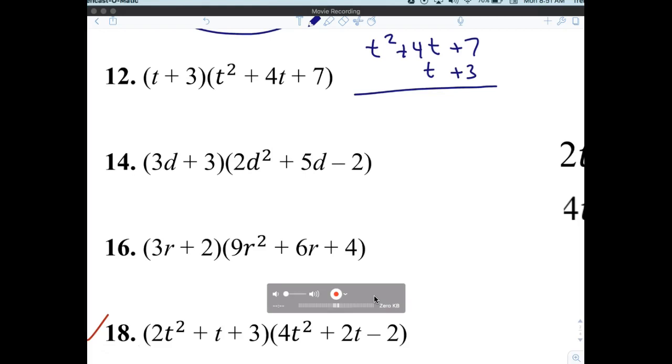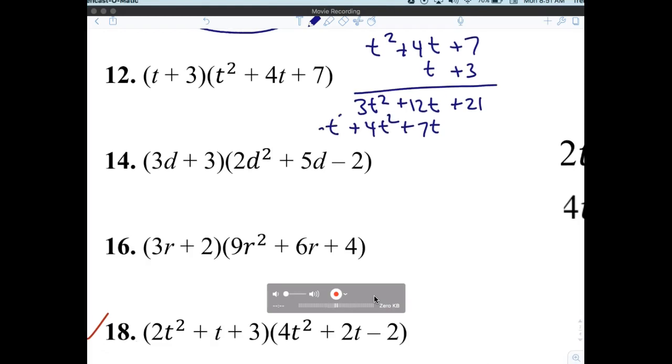So then I have a positive 21, a positive 12t, a 3t squared, positive 7t, positive 4t squared, and t cubed, all over.